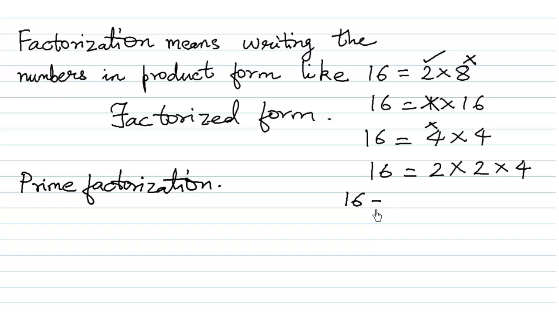But if you really want to write 16 as a prime factorization, it should be 2 into 2 into 2 into 2. So 2 2s are 4, 4 2s are 8, 8 2s are 16. This is a prime factorized form. So we are only using prime numbers and we are not using composite numbers.